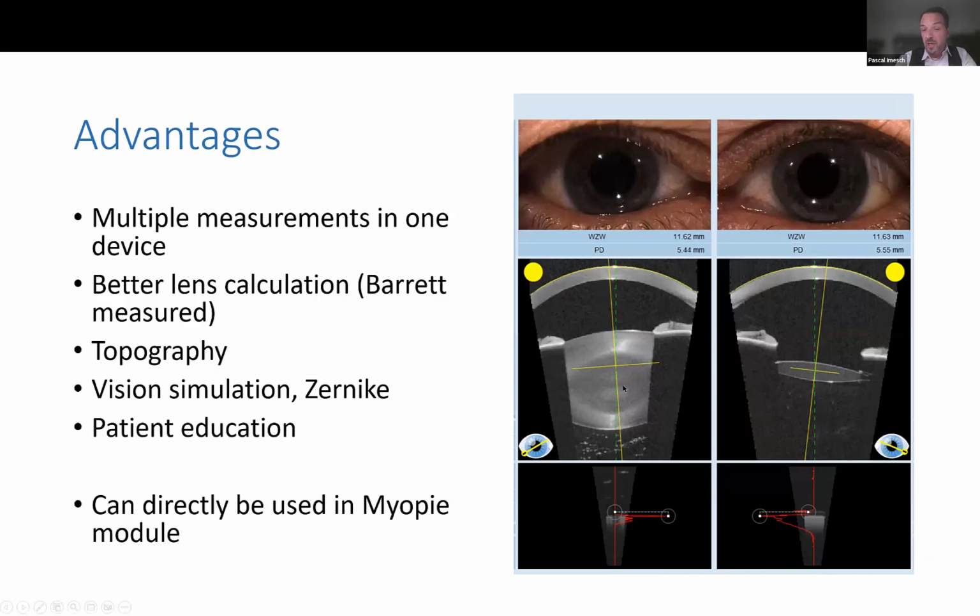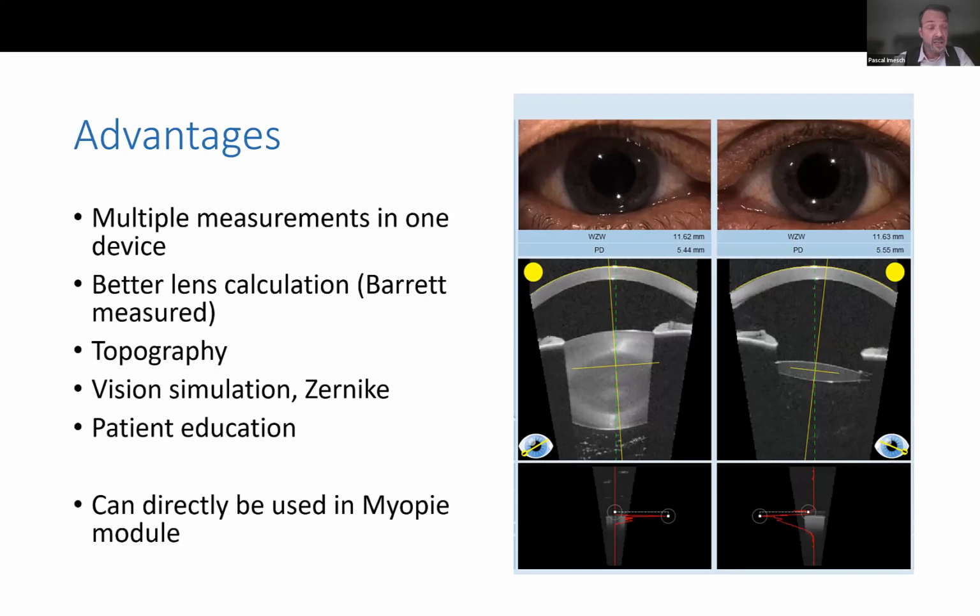Even to a glaucoma patient, to tell him, well, you have to take away your lens because it's much thicker. And if you have an artificial lens, it will be much thinner and will have more room in the anterior chamber. You can just show him in the picture how this will look like.